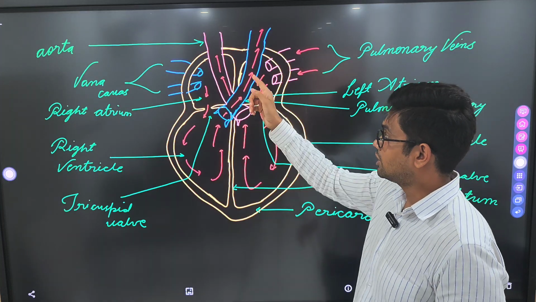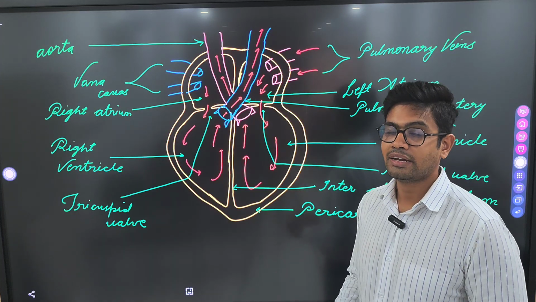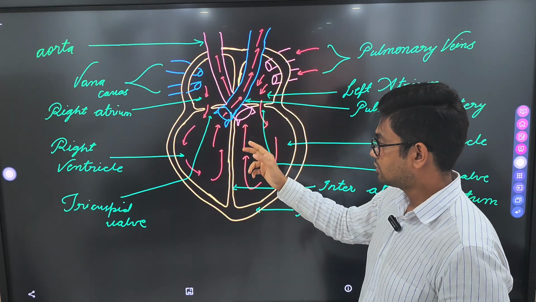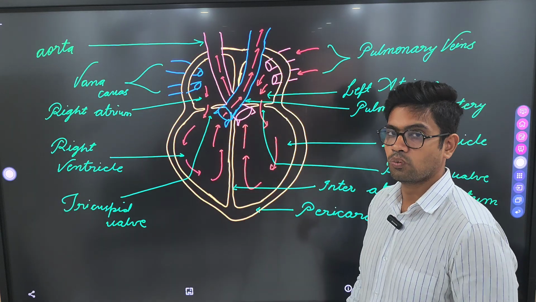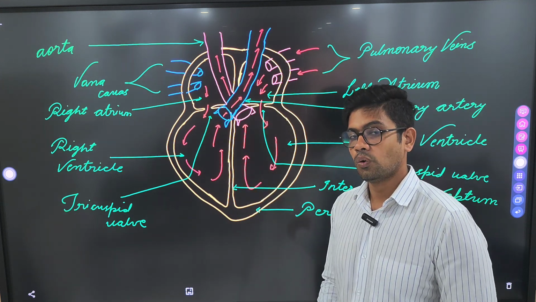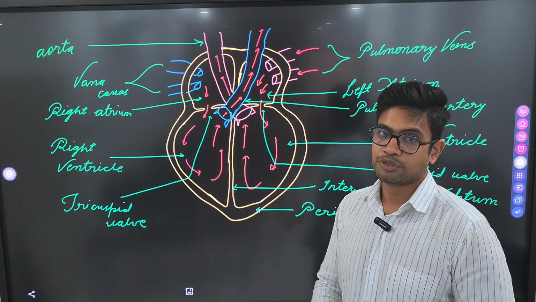So the thin wall which separates both the atria is called the interatrial septum, and the thicker wall which separates both the ventricles is called the interventricular septum.